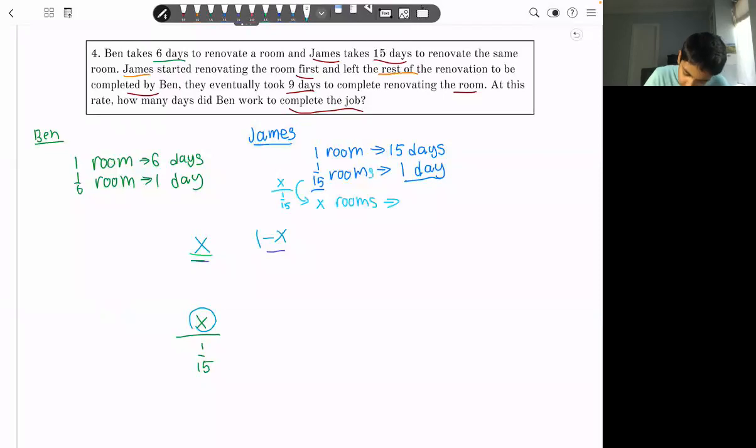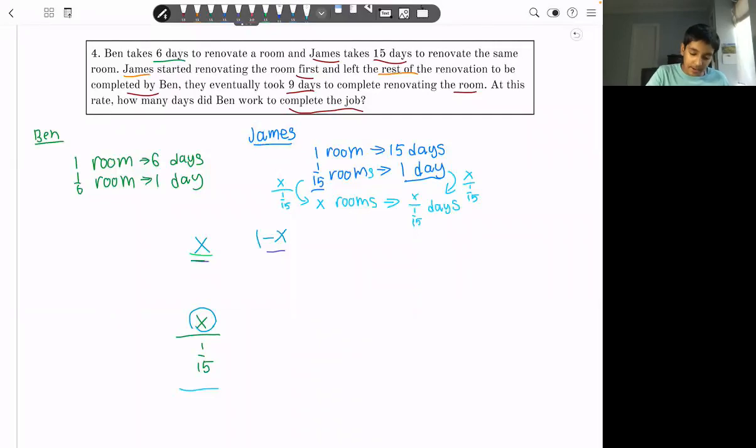That's how long it will take him to do X rooms. So he'll take X over 1/15 days, however many that is. We don't know. So I wrote it out over here.